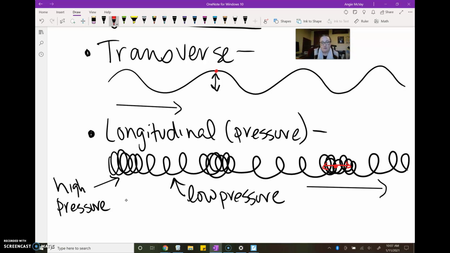So for a longitudinal wave, the direction of wave propagation is parallel to the direction of particle oscillation. And again, for a transverse wave, the direction of wave propagation is perpendicular to the direction of particle oscillation.